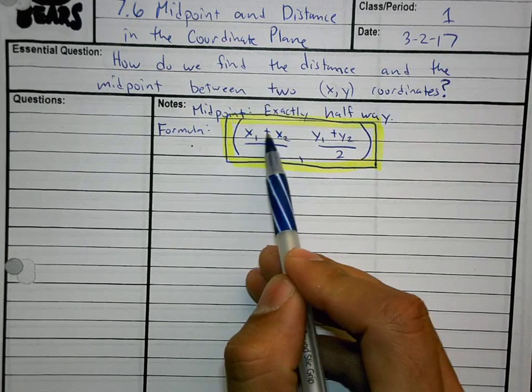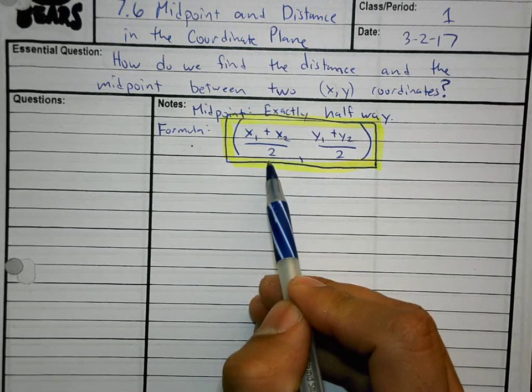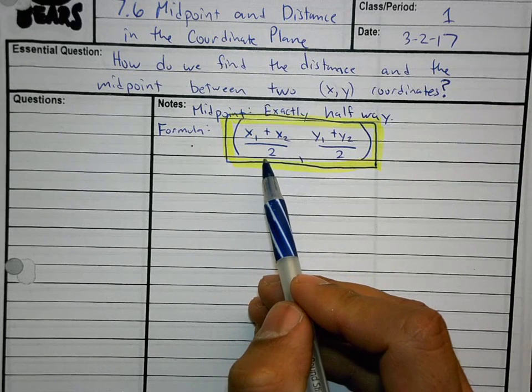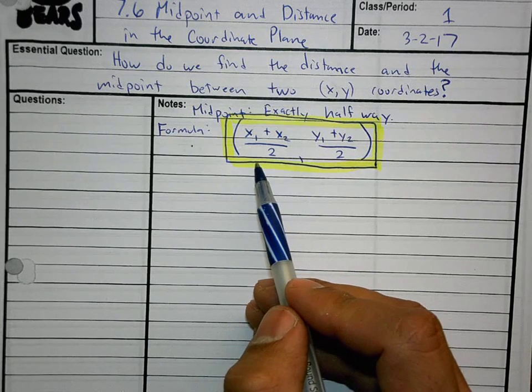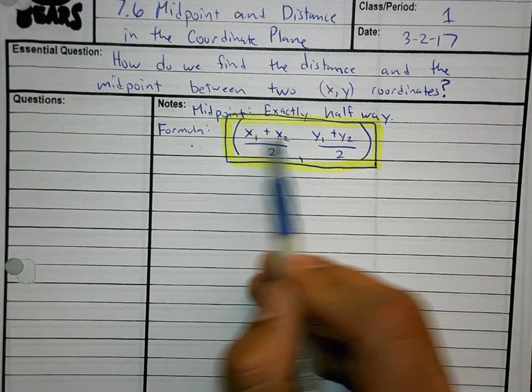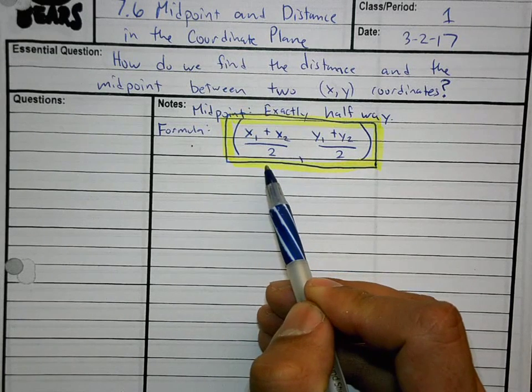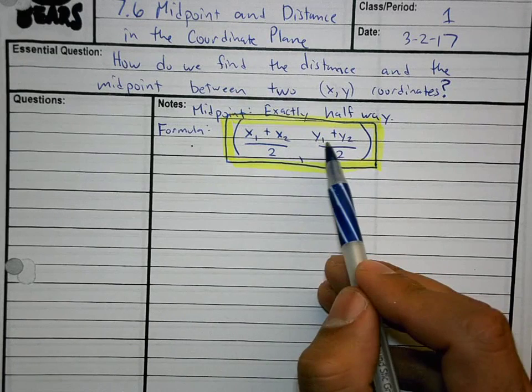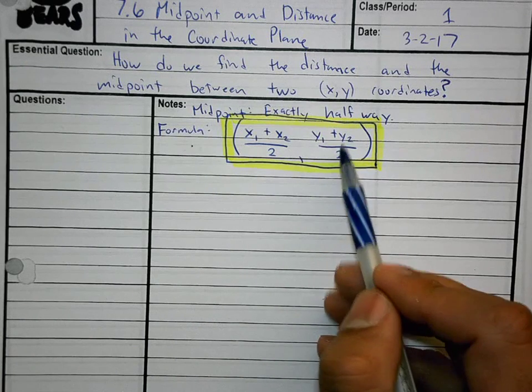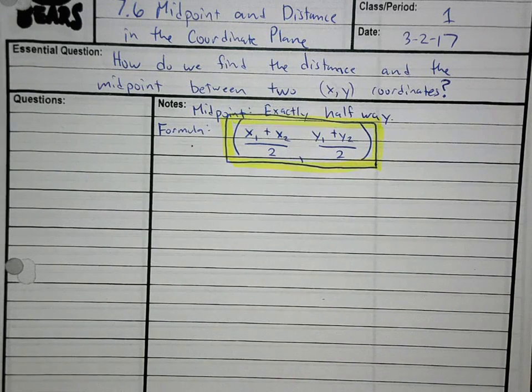When you add two things together and you divide by 2, that was called the average. You're trying to find the average between these two x's when you divide it by 2. You're trying to find the average between these two y coordinates when you divide it by 2.